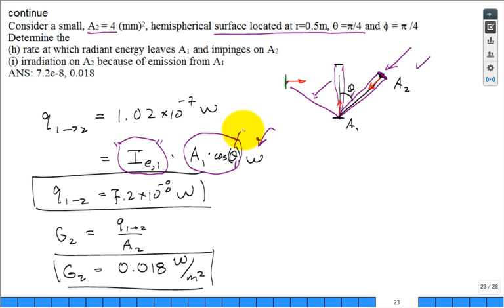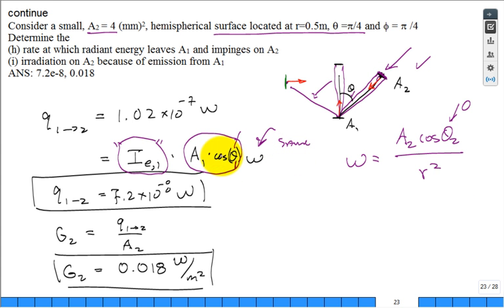The solid angle, omega, is still the area of 2 that's normal, so I have the cosine of theta 2, and theta 2 up here is 0, divided by r squared. You get the same solid angle as before, because the distance didn't change and it's still directly looking down.